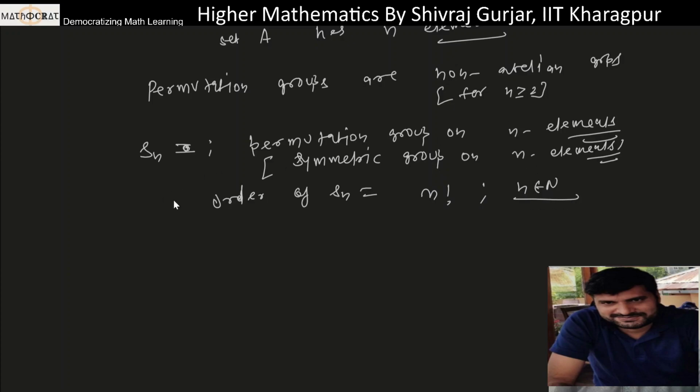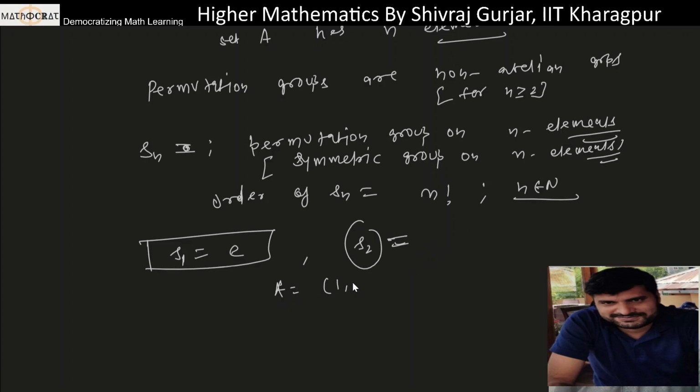And here, if n is 1, then this will be only the identity element. And if n is 2, what does that mean? That means the set A will have 1 and 2, only 2 elements.